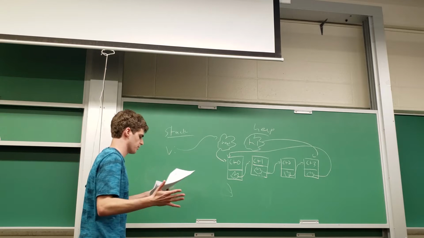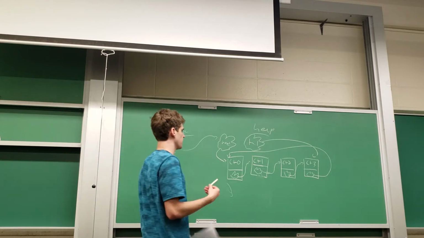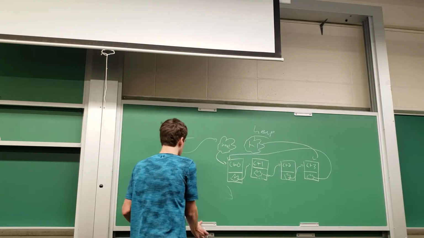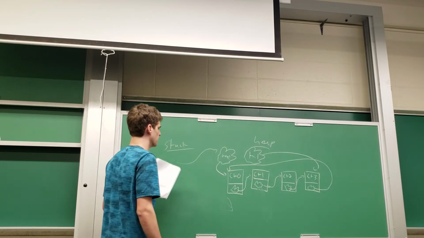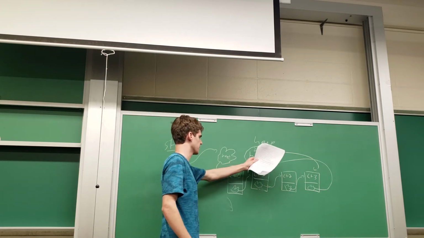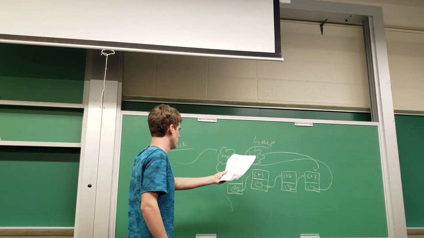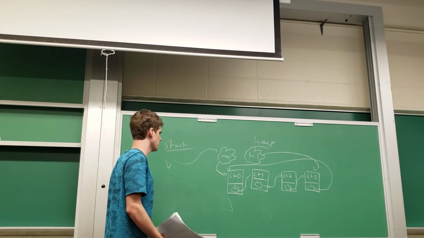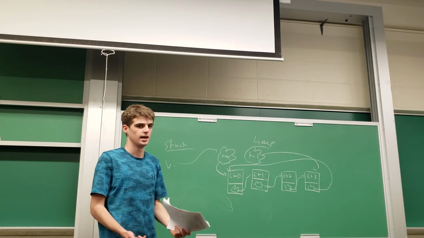Now the question says, how many no char star objects will leak? When the stack rolls up, what's going to happen? You have head and tail in your vector, and your vector is just a stack variable, so when the stack goes up, everything in the vector is going to get deleted.